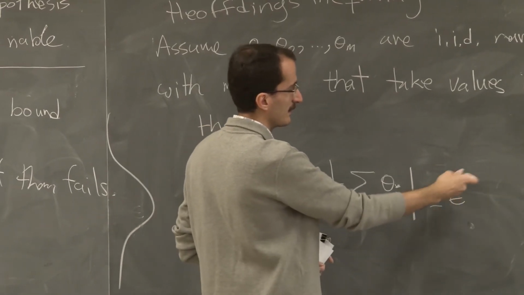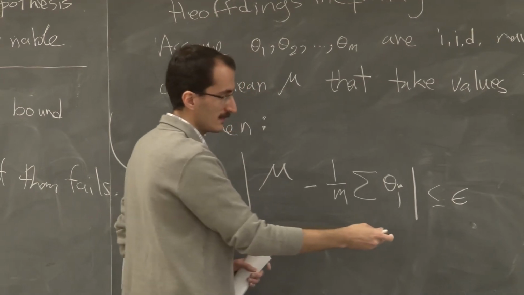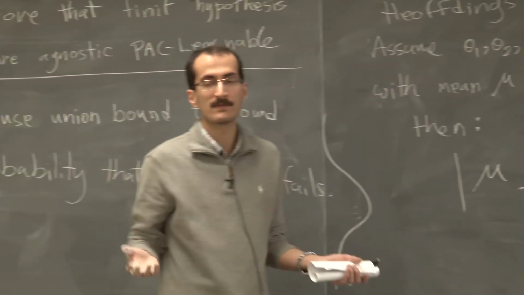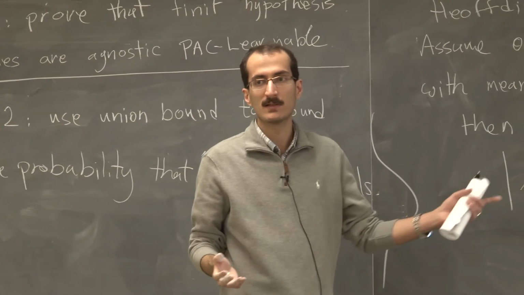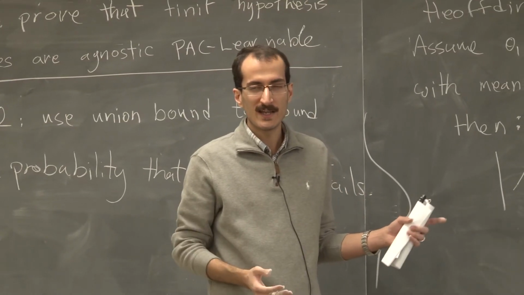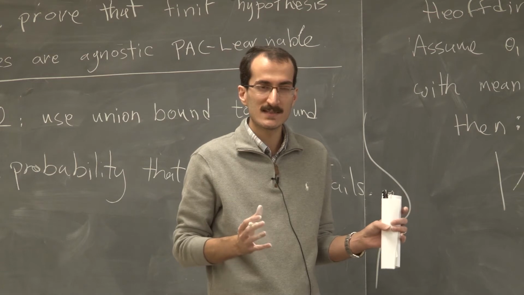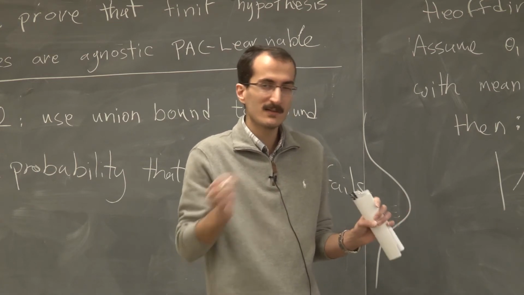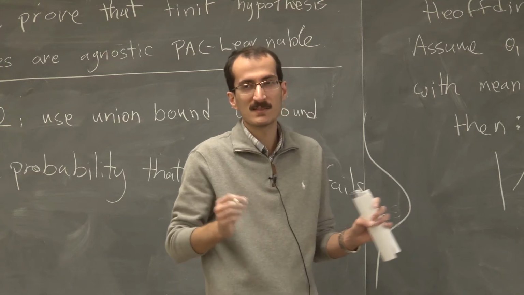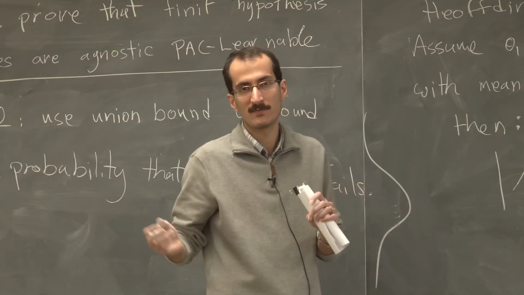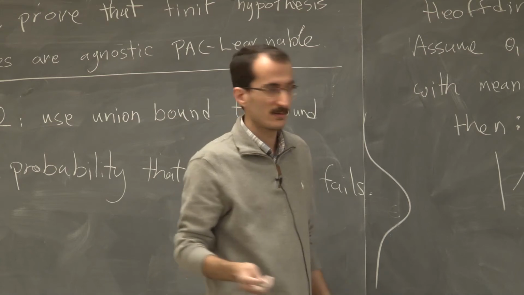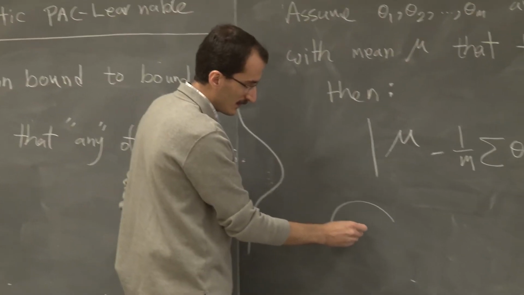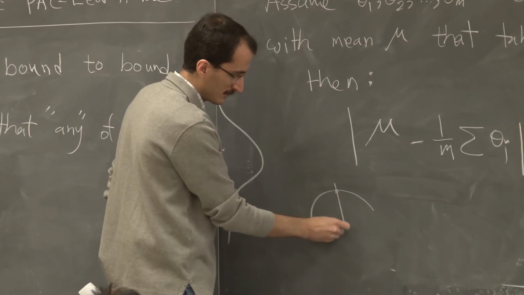Something about m, it could be a function of m. Say that if I have enough samples, then these two will be epsilon close. I cannot prove it because it has a probabilistic nature. Every other time, maybe there could be one possible sample where the average is far apart from the true one. If you have a distribution like this, the average is here.